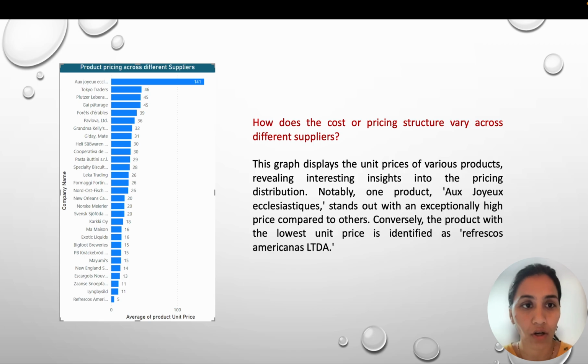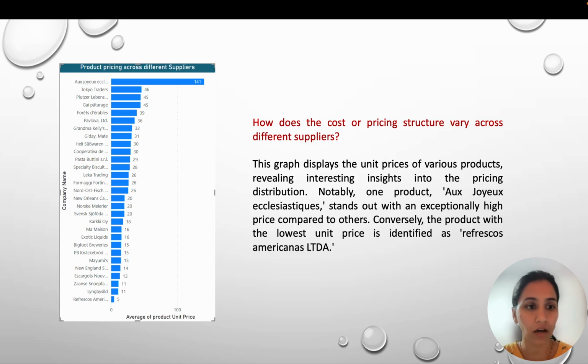The top product is like ox, with an average unit price of 141, which is the outlier and the maximum product unit price among all the suppliers.